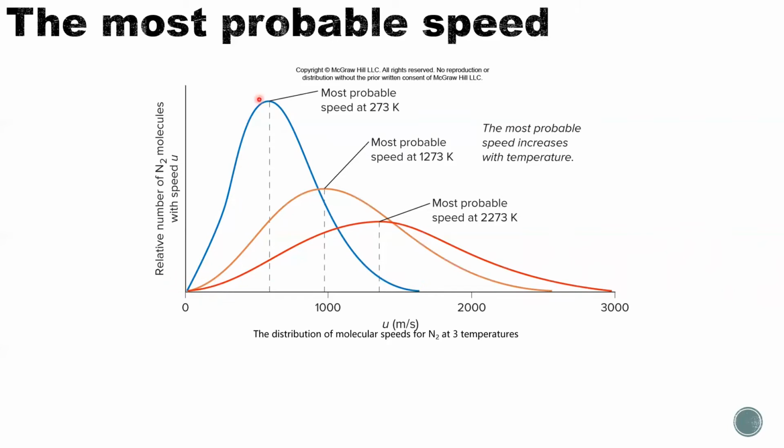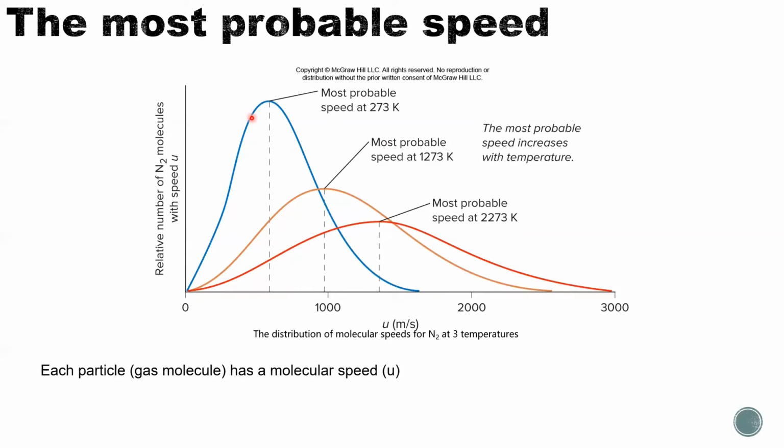Look at these blue ones. The peak of this diagram shows the speed that the most nitrogen molecules are at. So if you read this peak position in the x, that gives you the most probable speed. That's how we define the most probable speed from this diagram.